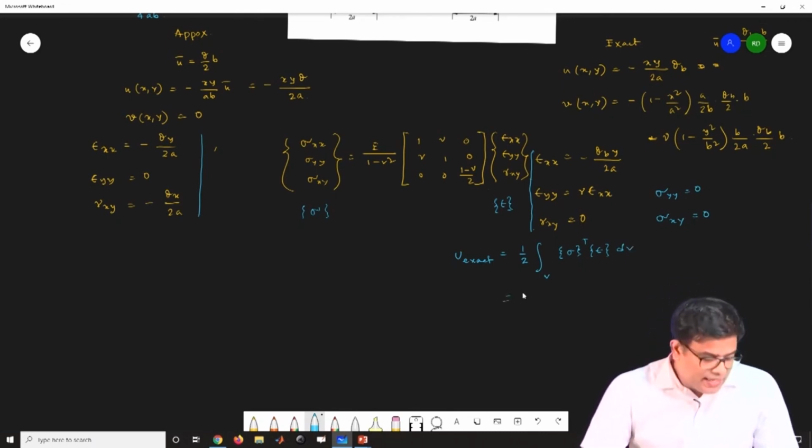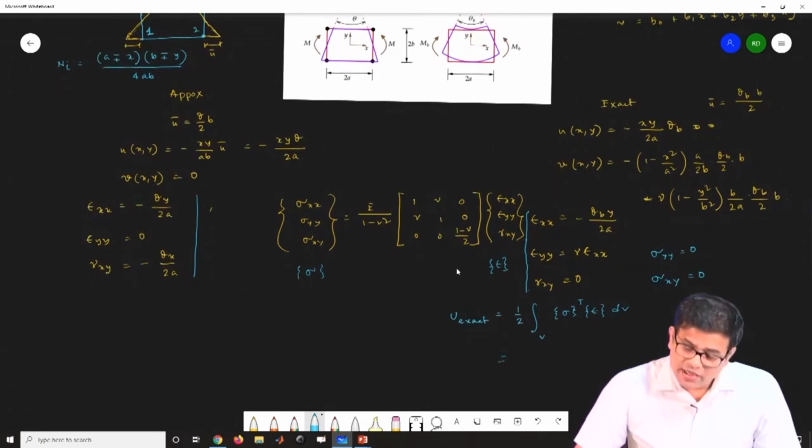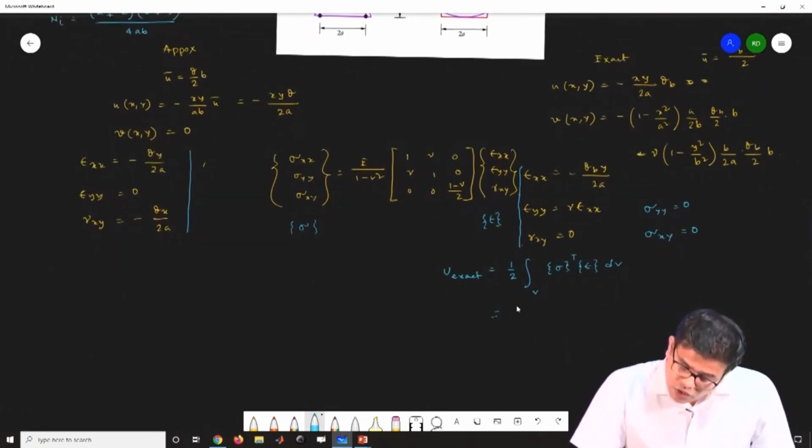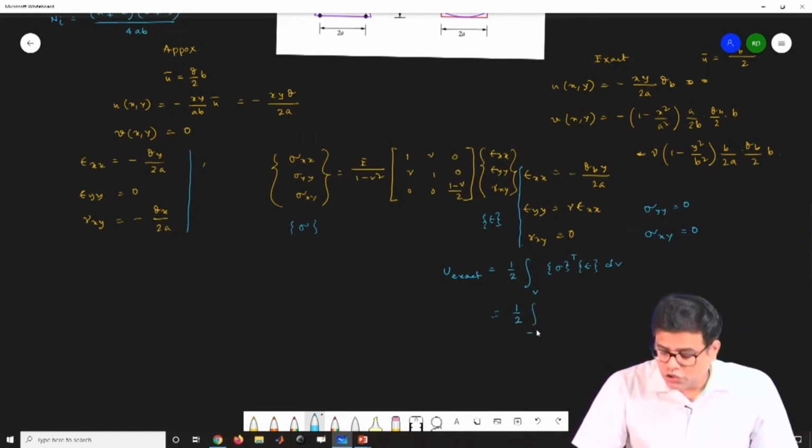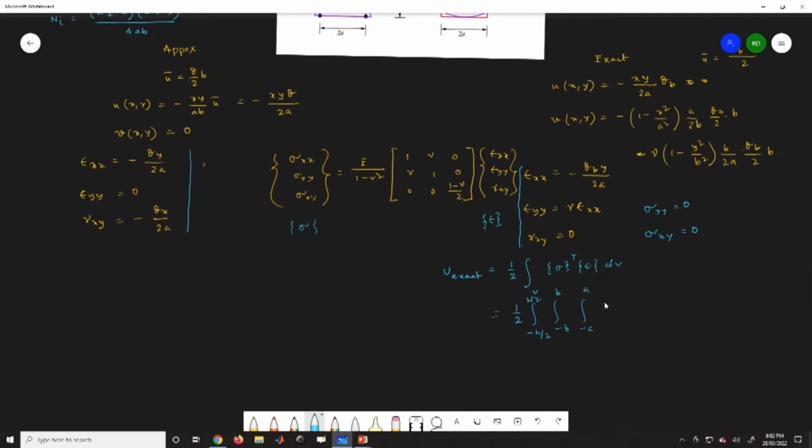So for this particular element, it will be half the integral from minus h by 2 to plus h by 2, that is the thickness term, minus b to plus b, minus a to plus a, and then only one term, E into epsilon xx whole squared, dx dy dz.